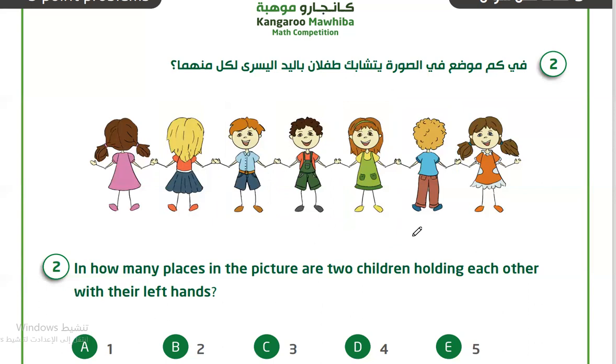So here 2 children holding each other with their left hands only. I just noticed that they're flipped. If they're normal, like this one, here it's going to be left and here is right. But if you flip it, this is right and this is left. So this one you must cancel.